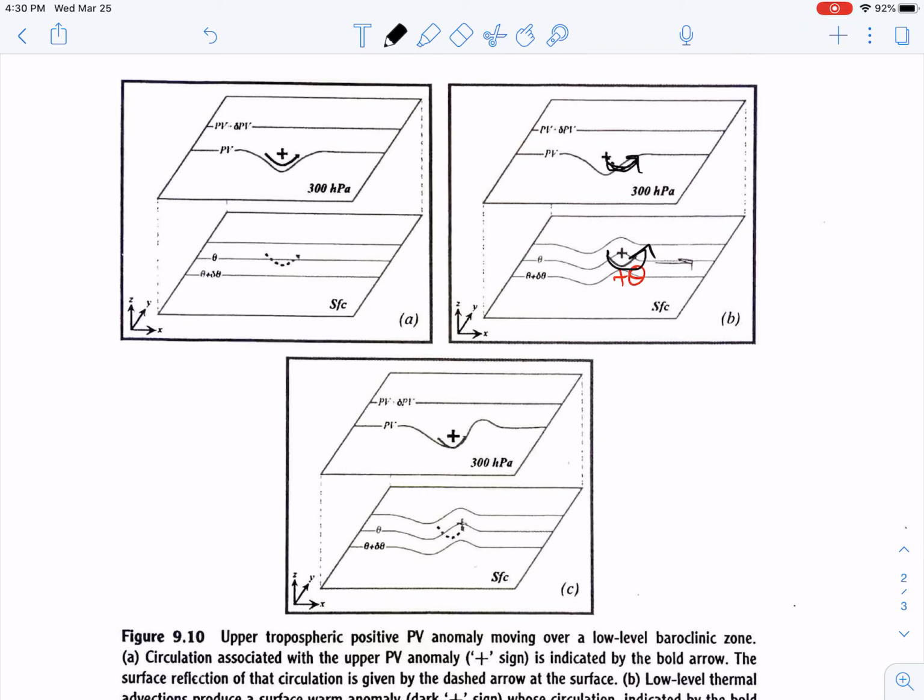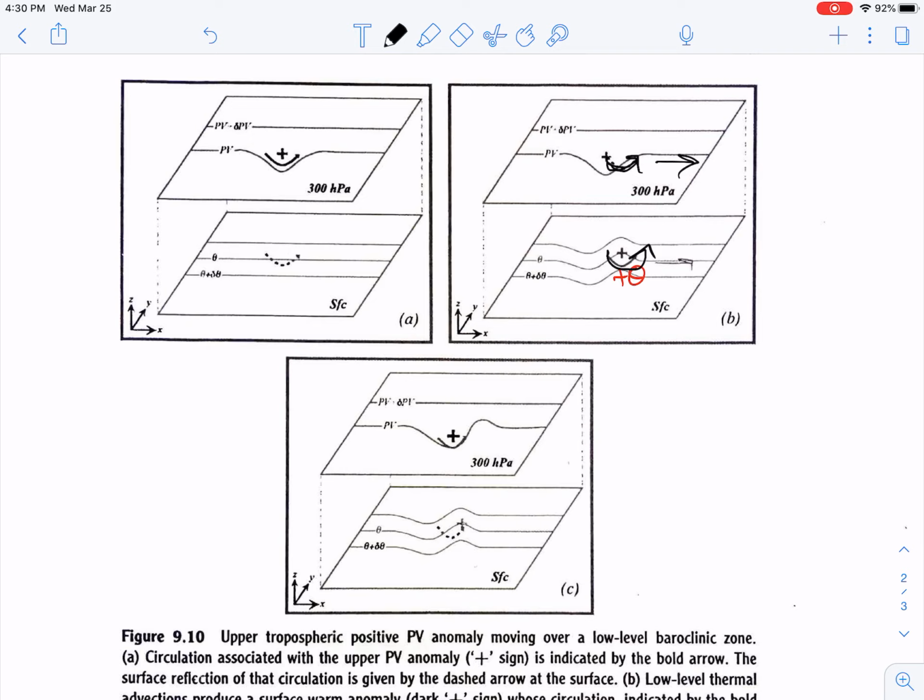This then imposes additional flow on our upper level positive PV anomaly, and through advection, we are able to move that upper level positive PV anomaly downstream against its natural tendency.